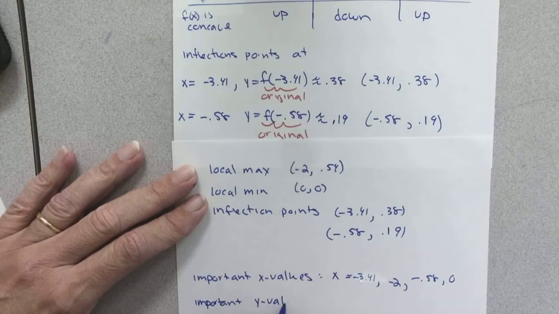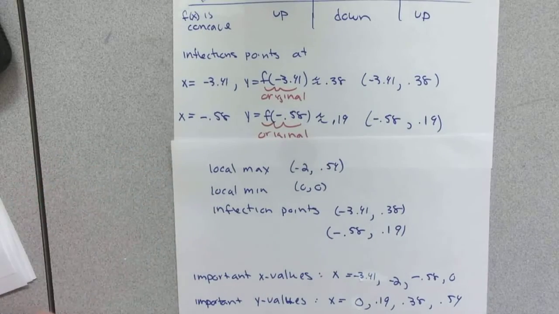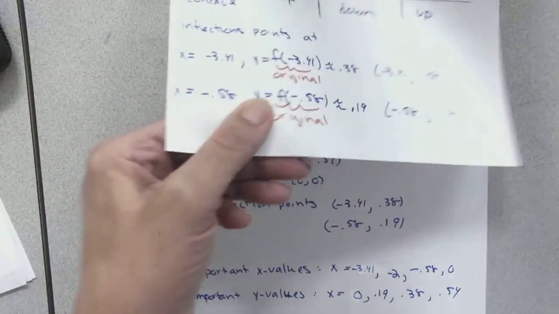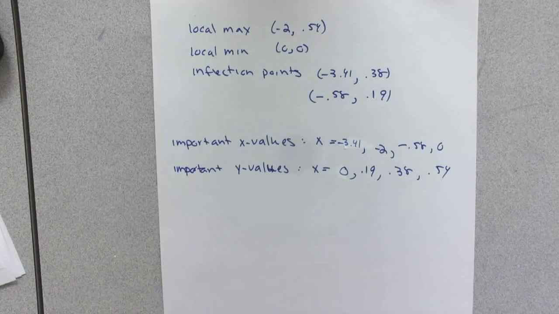The important y values we got were 0, 0.19, 0.38, 0.54. The reason why I list them is I'm going to think very carefully about my axes. I'm going to think what I want my axes to be before I draw it. Then I'm going to make very careful considerations here, which I will do on the next video.